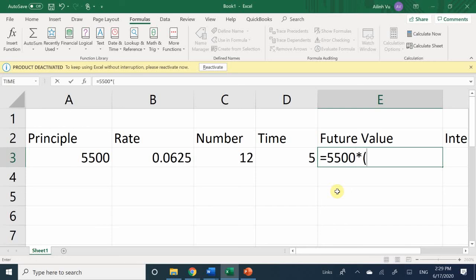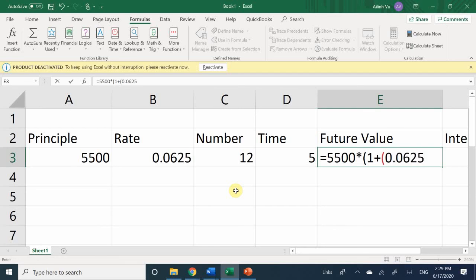We're going to multiply by parentheses. We need to add our rate, which is what? 0.0625.